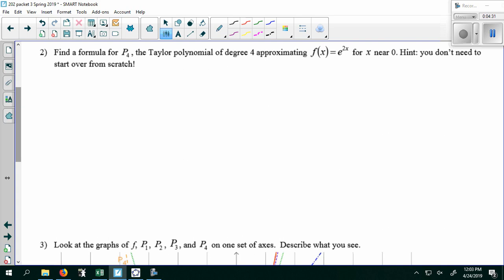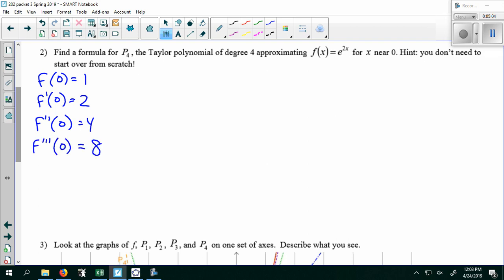So if I want to find a formula for P4, the Taylor polynomial of degree 4 for f of x equals e to the 2x near 0, I just do this whole process again, but I've done most of it, right? I know f of 0 is 1, and f prime of 0 is 2, and f double prime of 0 is 4, and f triple prime of 0 is 8.